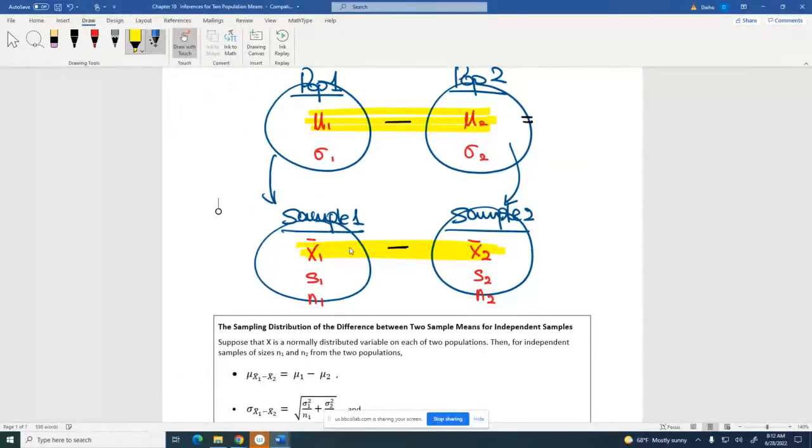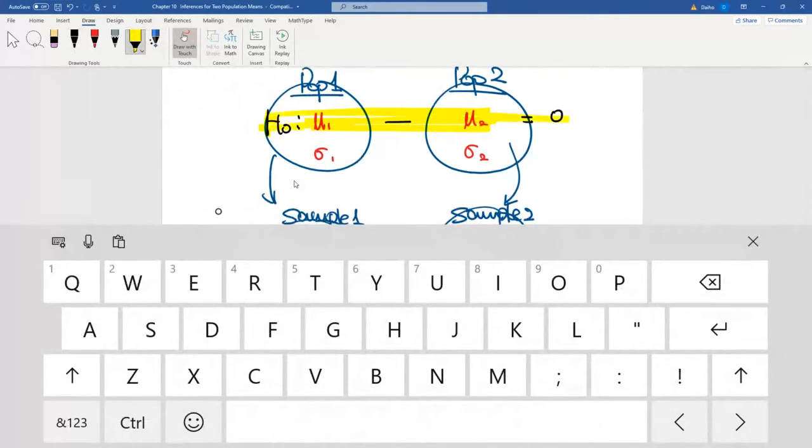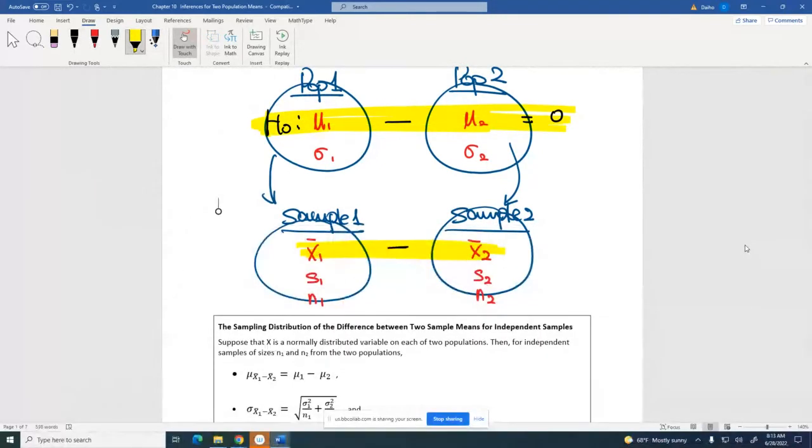So the null hypothesis will be that the population mean difference, the difference between the two unknown population means, is equal to 0.